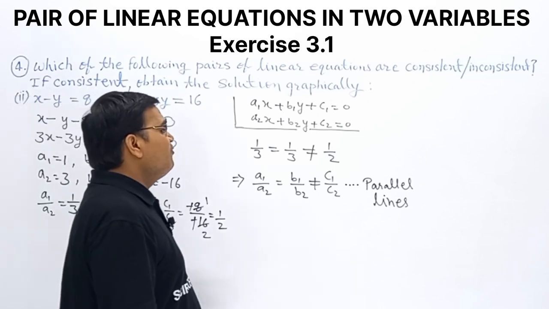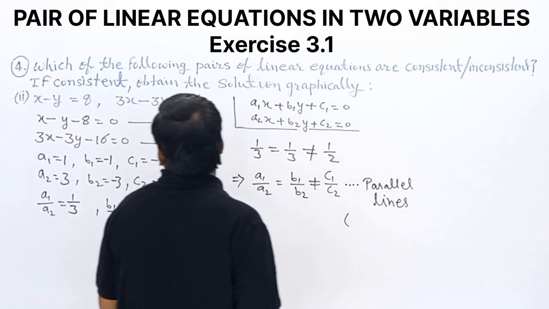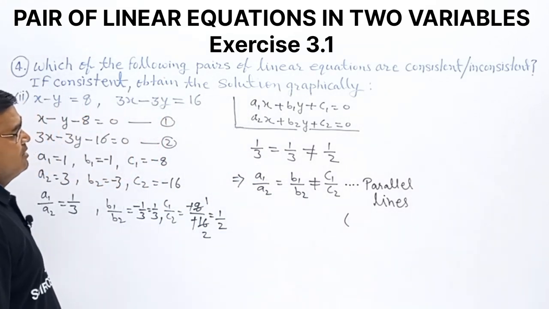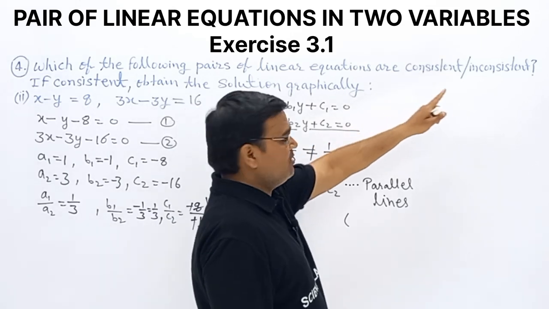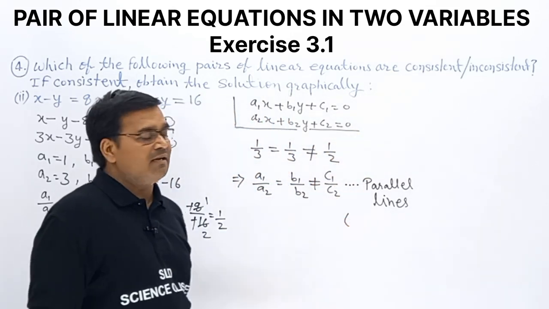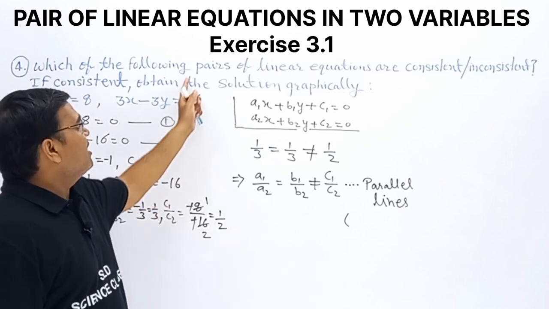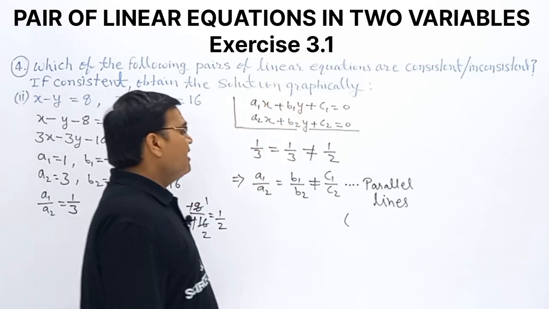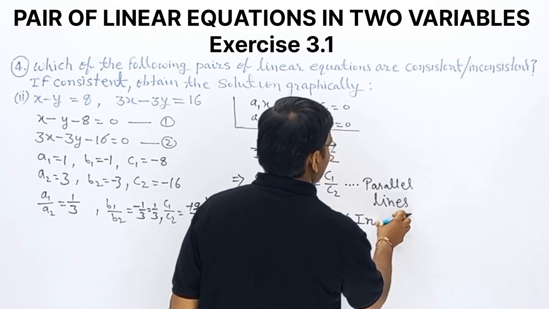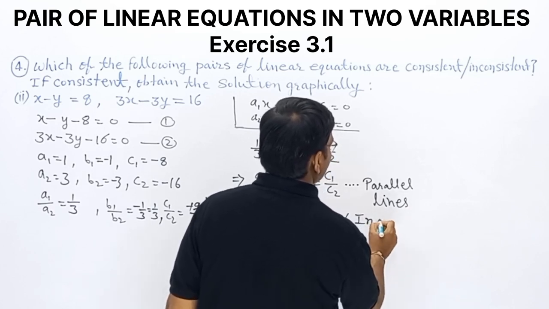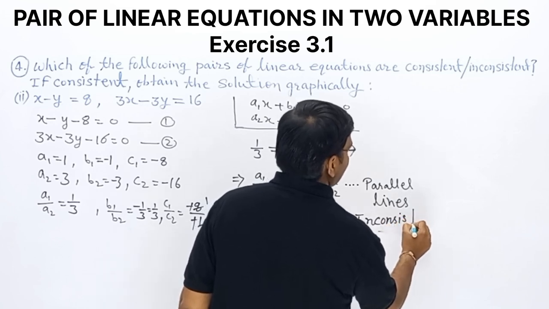It means once we have parallel lines, is the pair of linear equations consistent or inconsistent? Once we have parallel lines, and this condition, then our system, the pair of linear equations, is inconsistent.